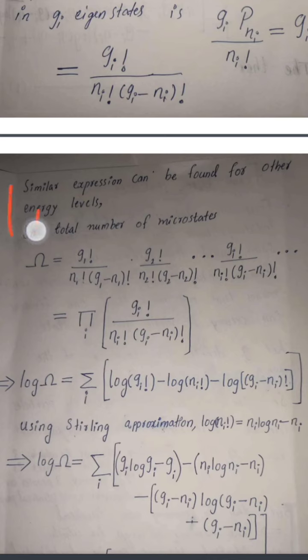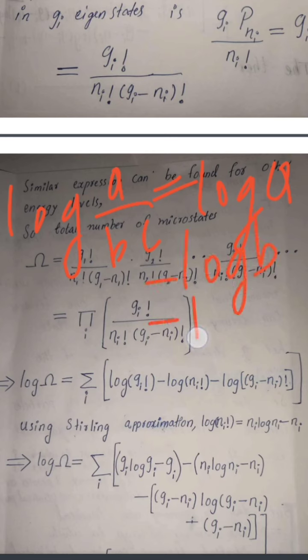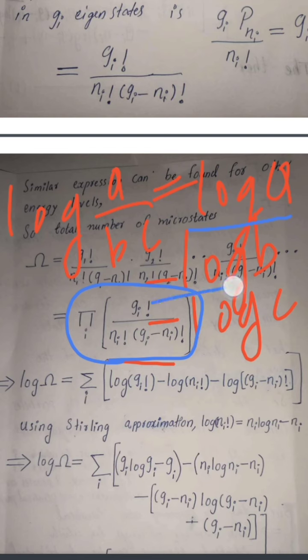You already know that log of A over BC is equal to log A minus log B minus log C. So this whole thing becomes the summation over i of log gi factorial, that is equal to log A, and also minus log ni factorial, minus log B, minus log (gi minus ni) factorial.